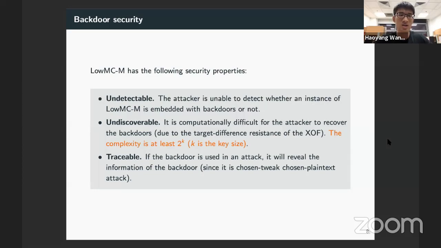This is because of the target difference resistance of the XOF used in the framework, and the complexity is as high as the cipher security. Lastly, our backdoor is traceable. This is not a desired property, because the attack using the backdoor is a chosen tweak, chosen plaintext attack. So once the backdoor is used, it will reveal the values of the tweaks and the plaintexts that are queried to the encryption oracle. So the attacker could use this information to recover the backdoor.